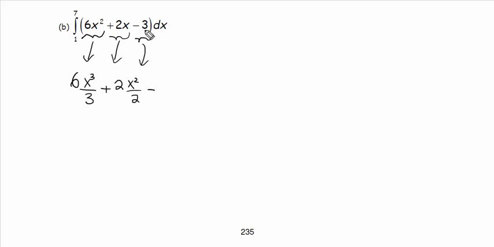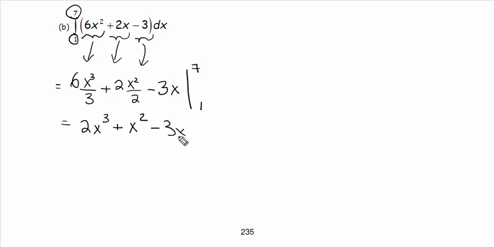And then the antiderivative of 3 is just 3x. And then I'm going to evaluate this from 1 to 7. If I simplify this first, 6 divided by 3 is 2, so 2x to the third, 2 over 2 cancels, so that's plus x squared, and then minus 3x, evaluated from 1 to 7.